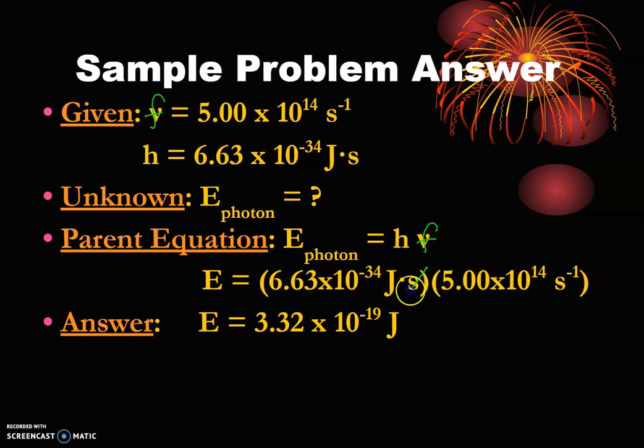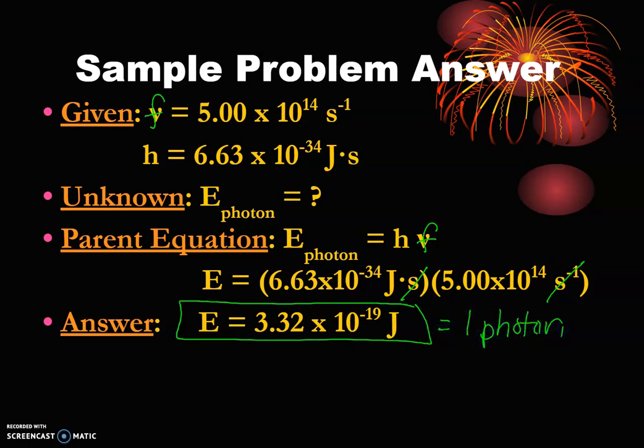And then we plug in, seconds and per seconds cancel out, leaving the joules behind. And this is how much energy one photon would be. So then you can use this as any other calculation to maybe figure out how many moles. And then from there, maybe you can figure out how many grams. But that'll be in additional chapters.